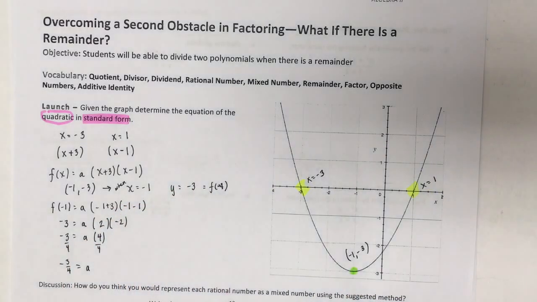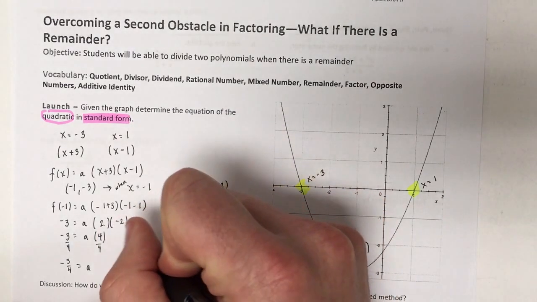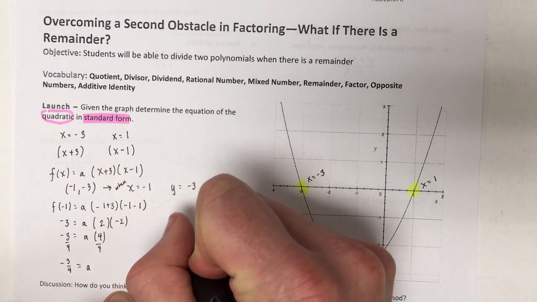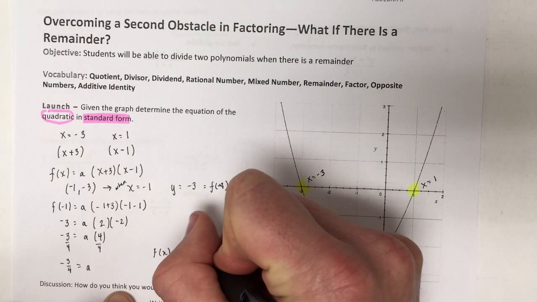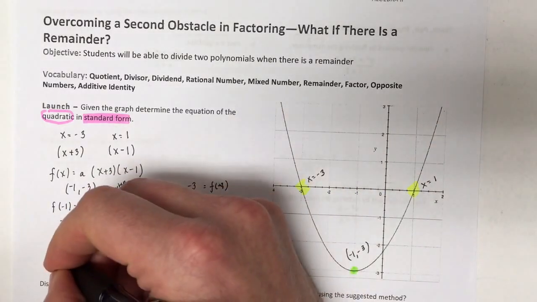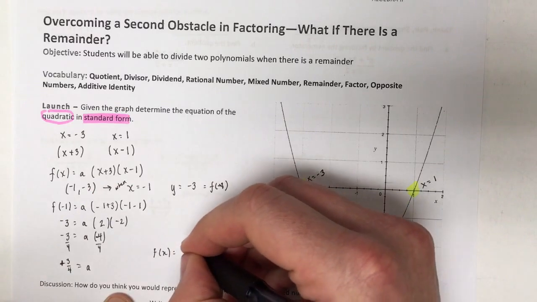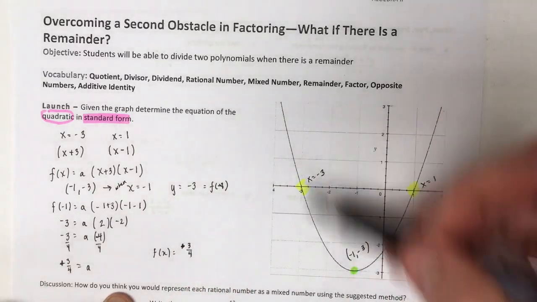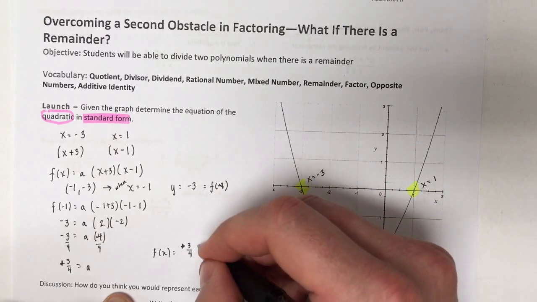Now we always go back and reread our question. The question says, given the graph, determine the equation in quadratic standard form. So I'm going to look at this and say f of x equals -3/4. This was a -4. That's a +3/4. Clues that told me that I was incorrect at that moment was the way that both end behaviors point up towards positive infinity.